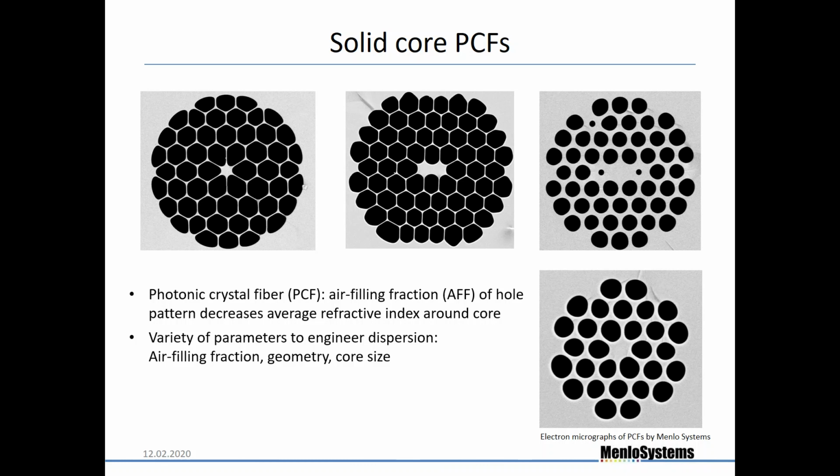And we have more design parameters than just the air filling fraction. We can also vary the size and the geometry of the core. For example, here we have two cores next to one another, which will make the guided mode elliptic. We can have a similar effect by making some of the holes smaller, or to slightly distort this hole pattern, which has a similar effect. And this will have an influence on dispersion, but most of all, it will make the fiber polarization maintaining.